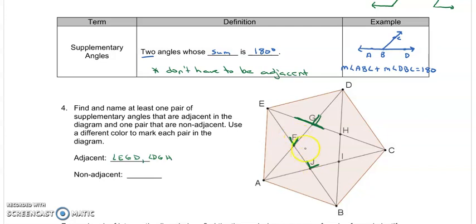Those two angles will also add up to 180 degrees, but they're not adjacent. They're not right next to each other. So angle EJI and angle EFG.